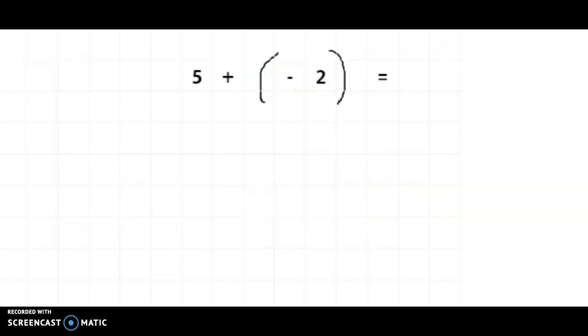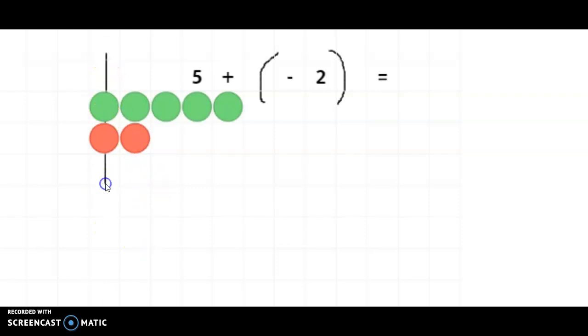Let's practice a few more to make sure that you have got this down. We've got a positive 5 plus a negative 2. So if we're using our counters, 1, 2, 3, 4, and 5. And then we have negative 2. So I'm going to bring up 1, 2, red counters. So these show opposites, right?